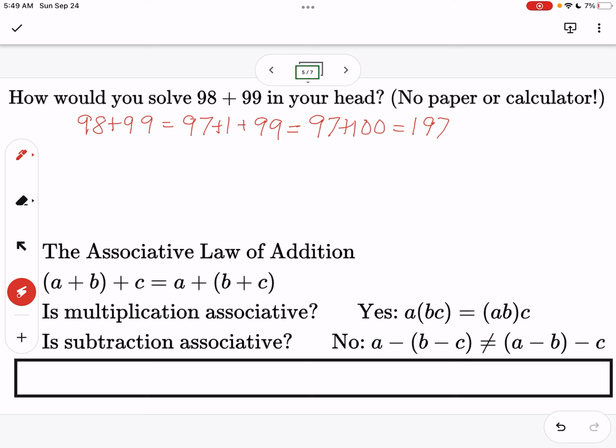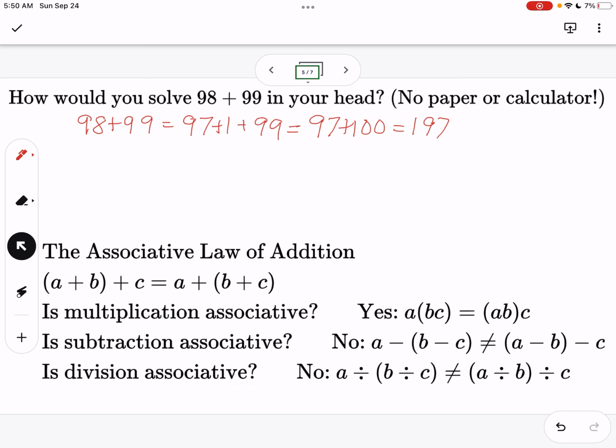That is not the same thing as A minus B and then subtracting off C. And then the final question, is division associative? No, same reason as subtraction. If I divide B by C and then take A divided by that, I will not get the same value as if I divide A by B and then divide by C.